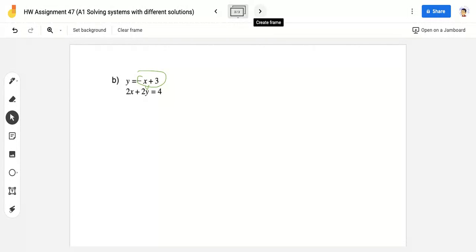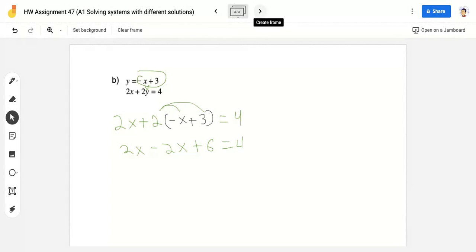I have 2x plus 2 times (-x plus 3) is equal to 4. All right, let's distribute. We have 2x minus 2x plus 6 is equal to 4.